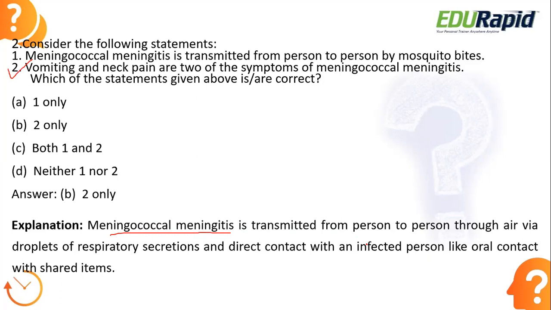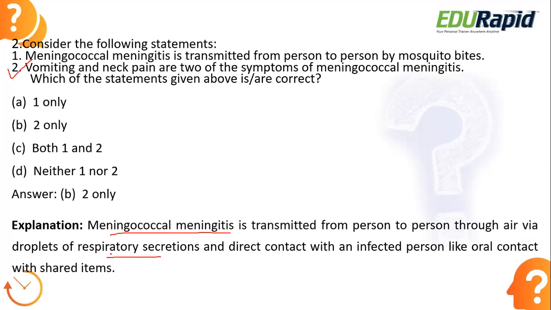So when we are breathing in the same polluted air, the air that we breathe in may contain the smallest droplets carrying meningococcal bacteria. If there is a presence of these bacteria in the droplets and we inhale them, then definitely it enters our respiratory system, right? When it enters our respiratory system, it is going to cause several respiratory disorders.